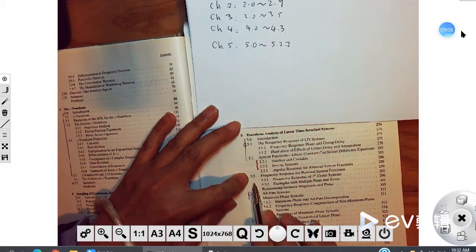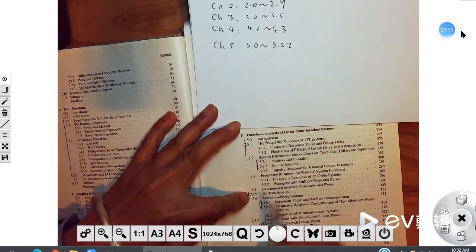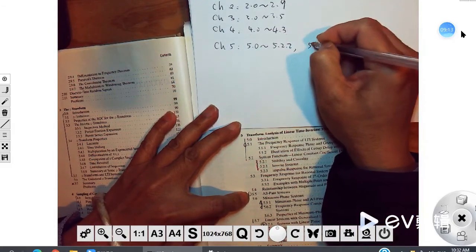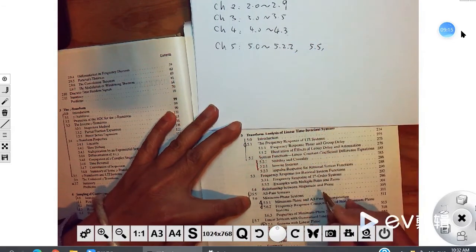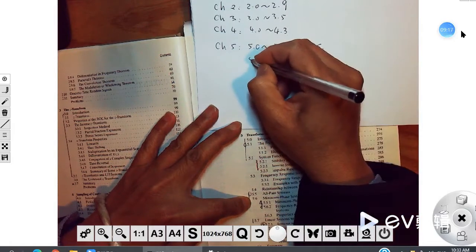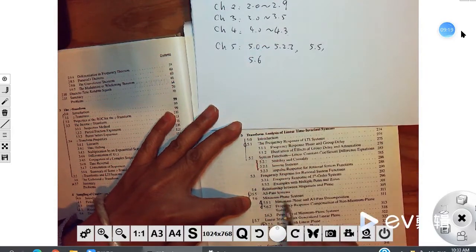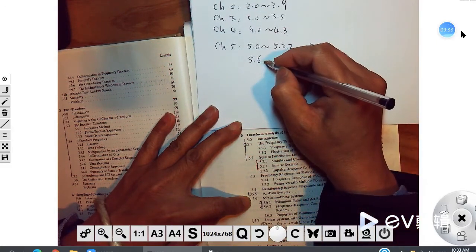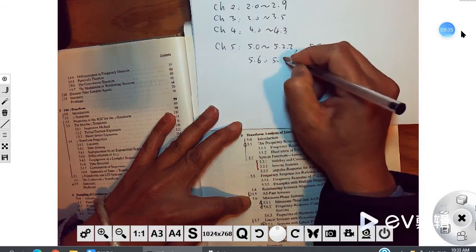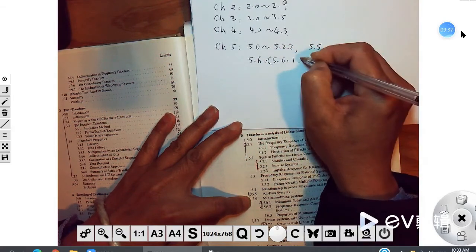Then 5.5, the all-pass systems, and 5.6, the minimum phase. It contains 3 subsections, but we only go over the first one, minimum phase and all-pass decomposition, just 5.6.1.